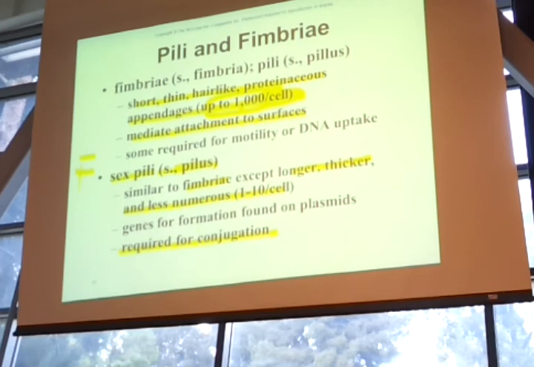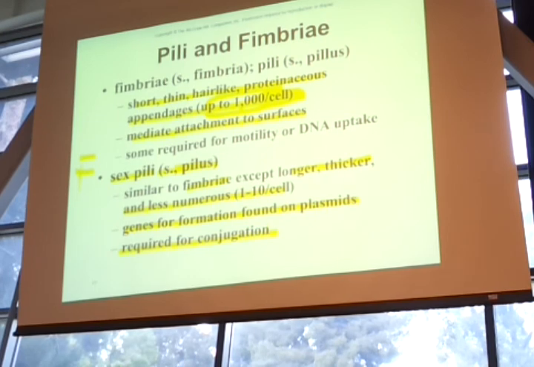Okay, and I mentioned with the plasmids that they had the genes that cause the F pilus to occur, and then also cause the replication of that plasmid so that it could be transferred to another.